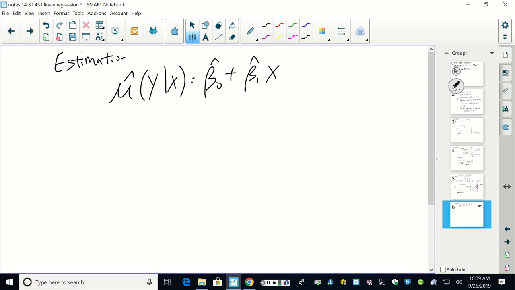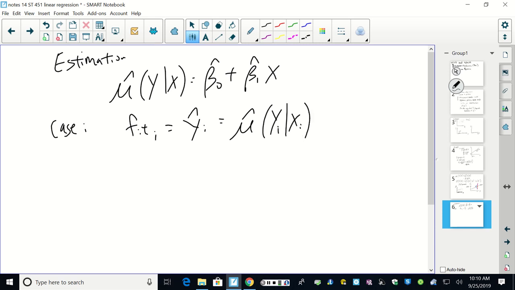So the fitted value for case i, the book's notation usually is set out to be y hat with a little i on it. It's an estimate also of the mean at x of i. It is just the value of the estimated intercept plus estimated slope times xi. Right?